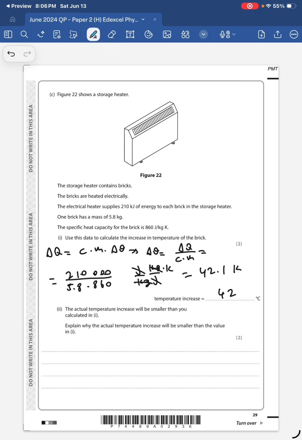Okay, part 2. The actual temperature increase will be smaller than what you calculated in 1. Explain why the actual temperature increase will be smaller than the value in 1.